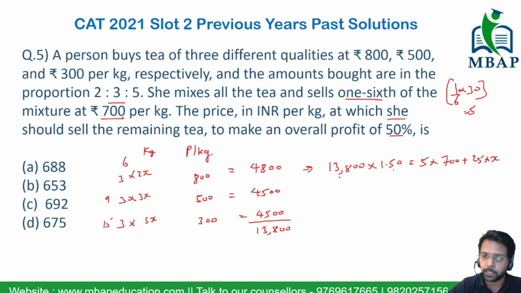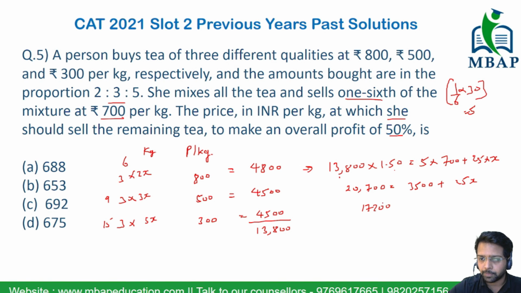Now 13,800 into 1.5, that is 50% more, will amount to 20,700. This should be equal to 3500 plus 25x. If you subtract 3500 from 20,700, the value will become 17,200.